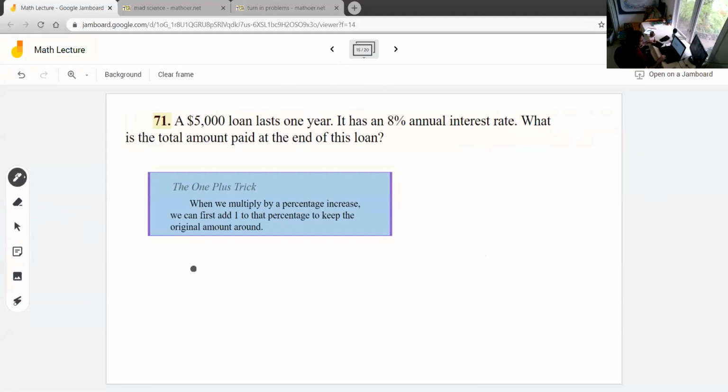So I'm not going to do 0.08 times 5,000. I have 5,000. I want to go up by 8%. And the 0.08 captures that change of 8%.